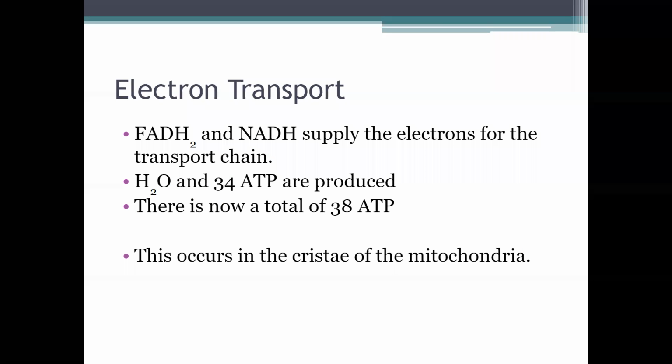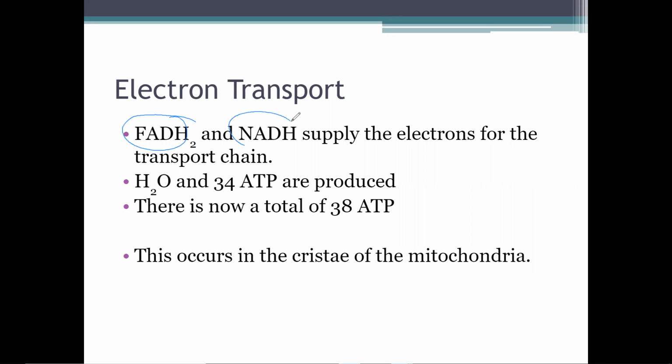Electron transport is a big part of cellular respiration. And so I called FADH2 and NADH earlier electron carrier molecules. And that's really super accurate, because what they do is they supply electrons for an electron transport chain. And so that electron transport chain is part of aerobic respiration.